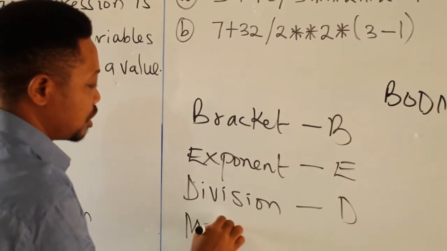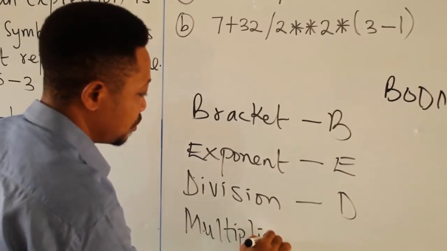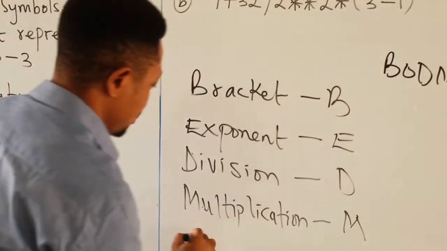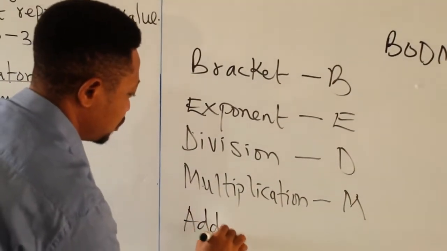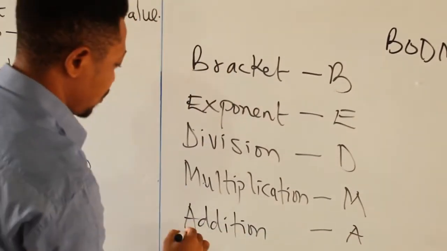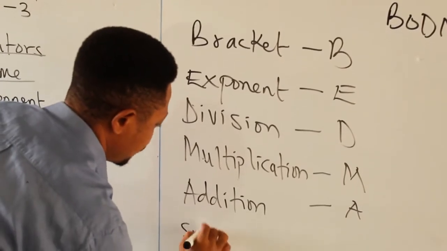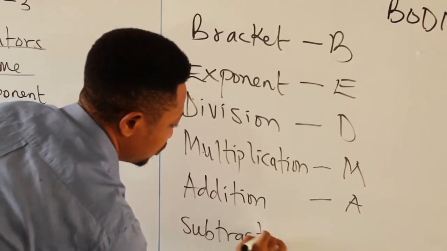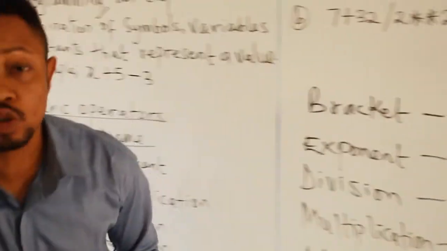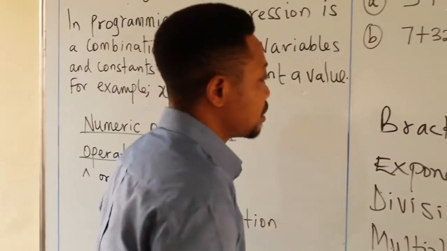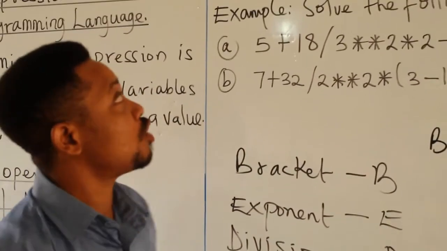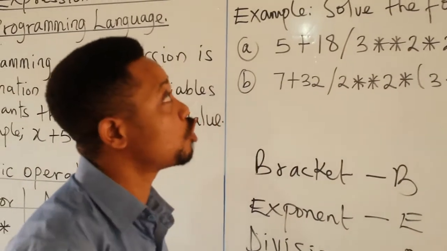M is for multiplication. The A is for addition. And the S is for subtraction. So this is what we call BEDMAS.